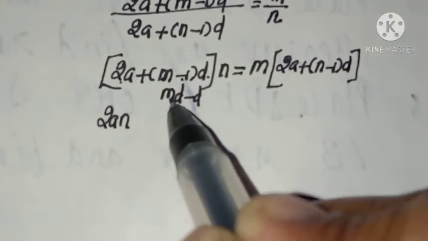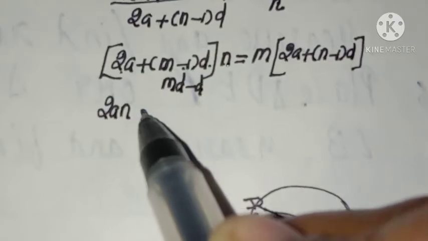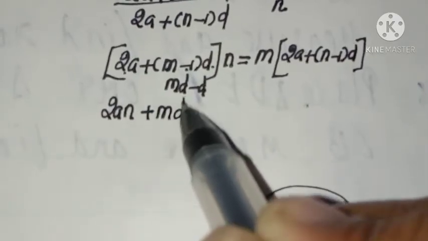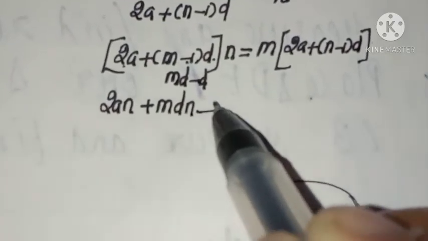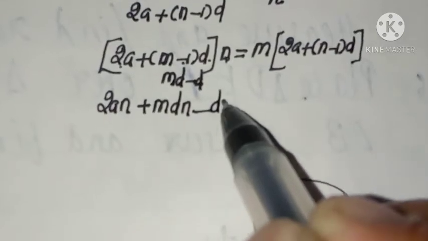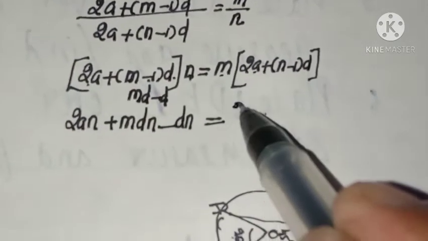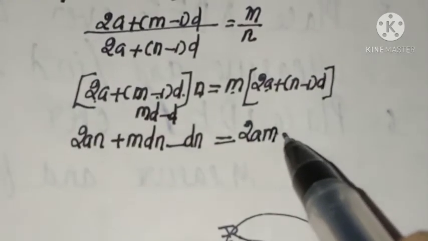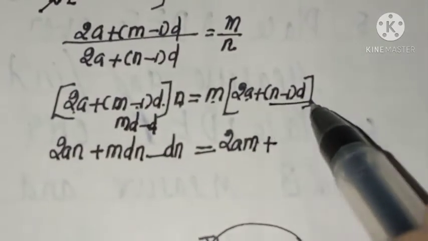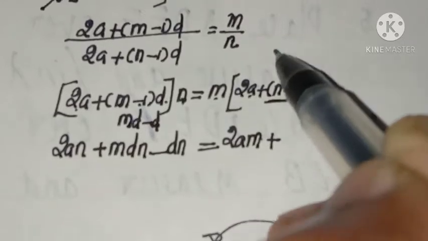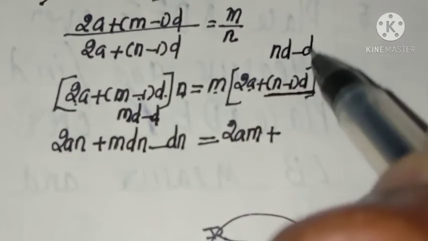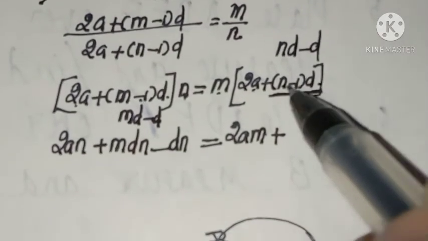Now md minus d into n, that is mdn minus dn is equal to m into 2a, 2am, plus n minus 1 into d is nd minus d.